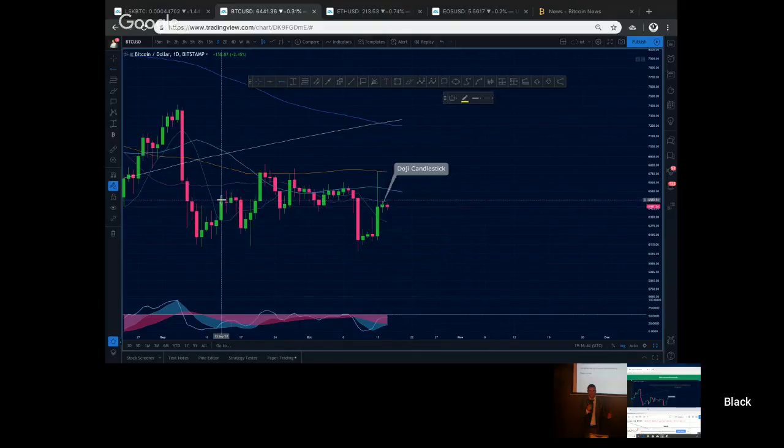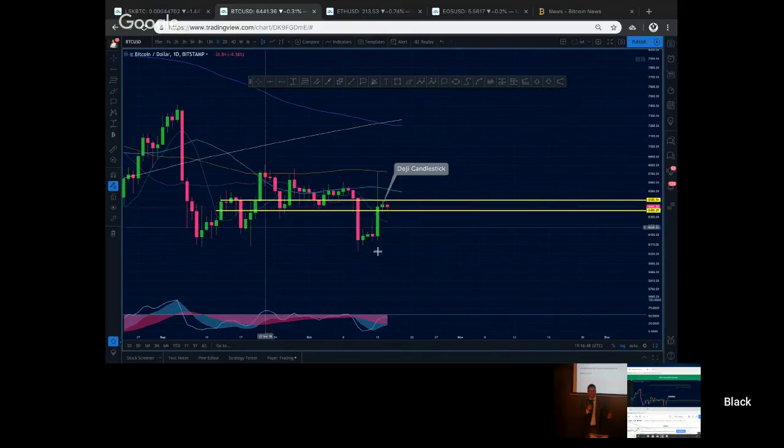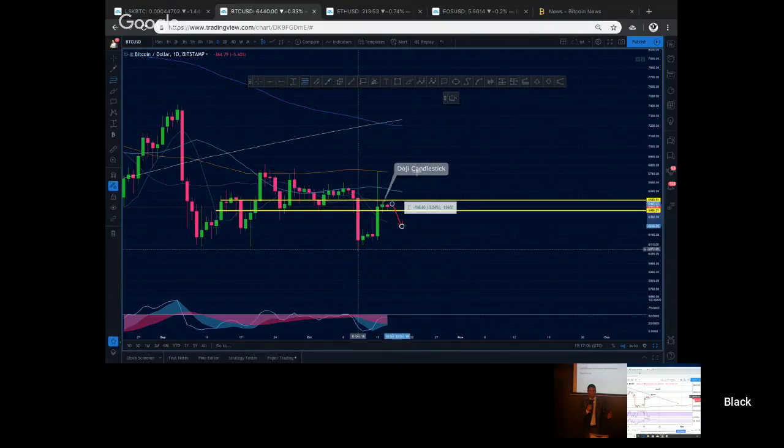So this is a very important price reversal signal. This could lead us to a price retracement at least to 6,400 on Bitfinex, and on Bitstamp at least to the 6,200 level. This is a very, very important thing that we should know about Bitcoin right now.